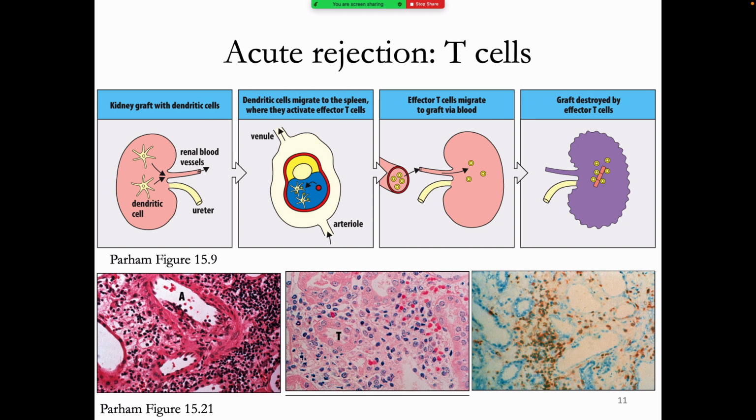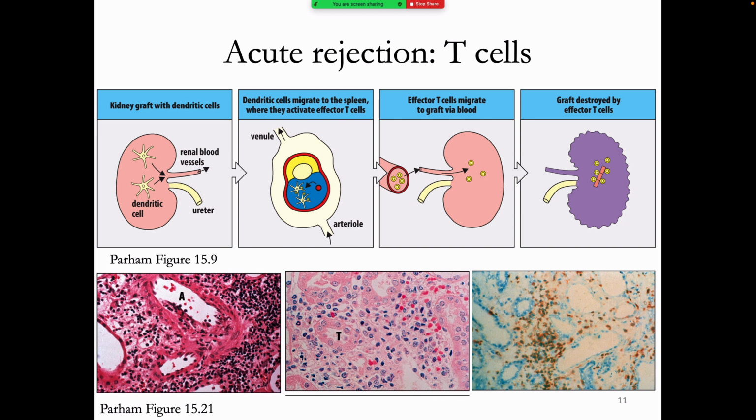So with acute rejection, we will put in some type of organ, some kidney, for example. That kidney will have some antigens. Here it's showing dendritic cells. We'll get into the details of the antigens in a couple of future slides.